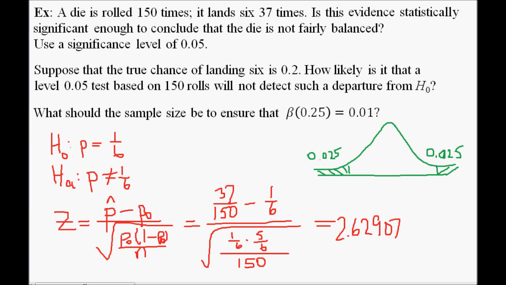And as always, if we have a value that's out to the far right or to the far left, the decision will be to reject the null hypothesis, either to the left or to the right. While in between, the decision will be to retain the null hypothesis.